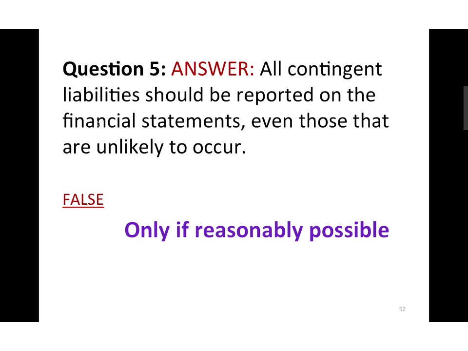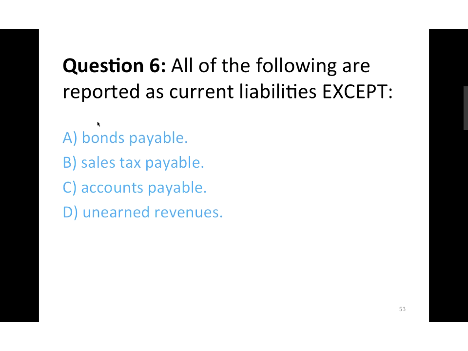Let's have another one here then. Okay, all the following are reported as current liabilities except what? And emphasis on the word current. As you read this, think about current. A, bonds payable, B, sales tax payable, C, accounts payable, or D, unearned revenues. You're looking for the one thing that is not a current liability.